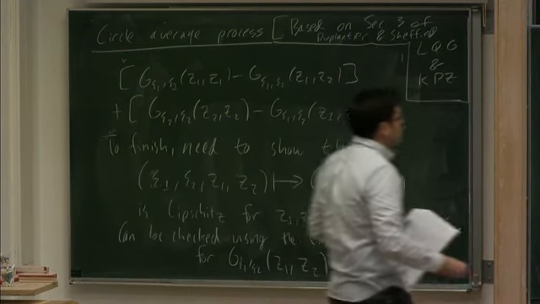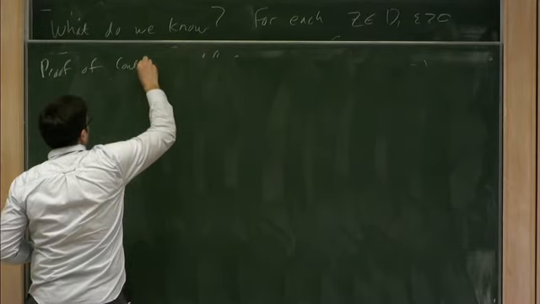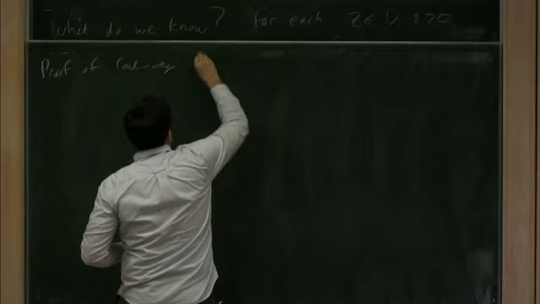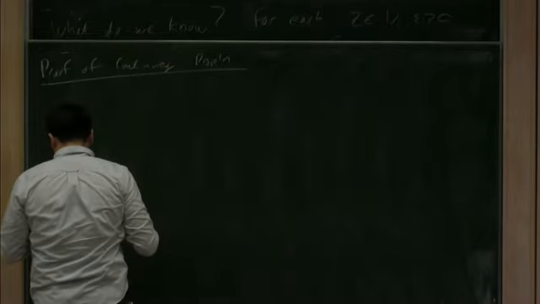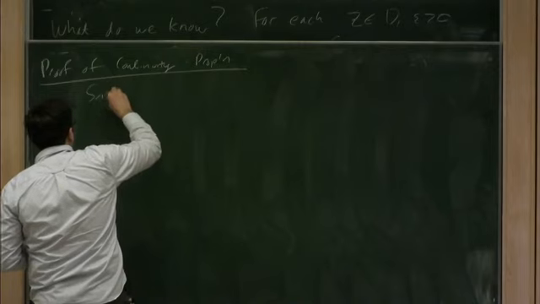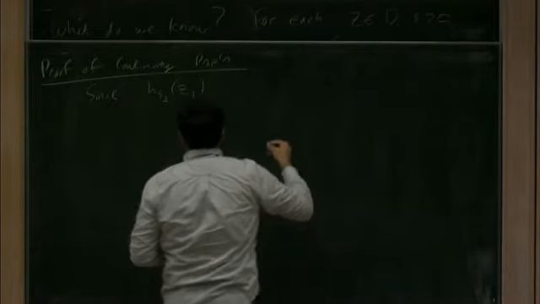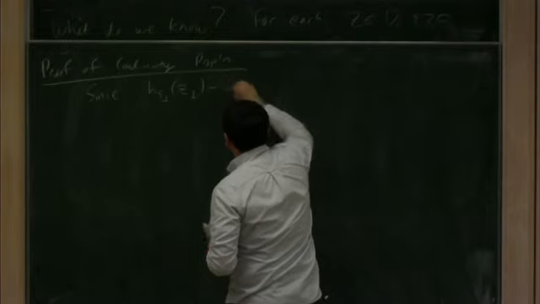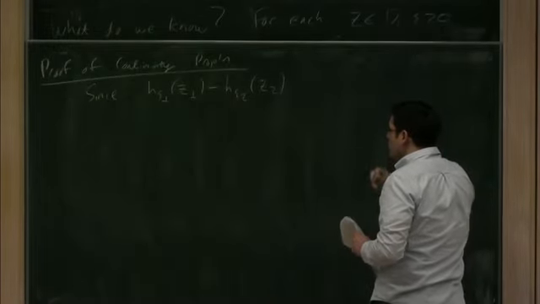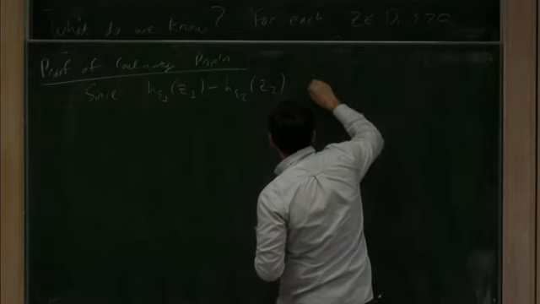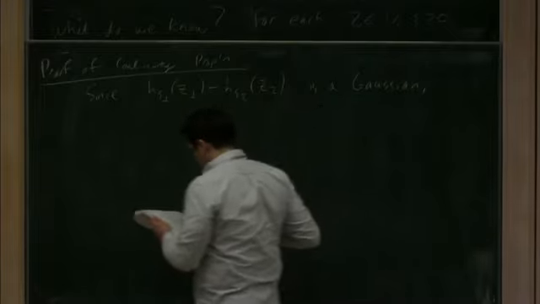So here's the proof of the continuity proposition. All right, so the trick is that if I have any epsilon 1, Z1 and epsilon 2, Z2, and look at the difference of these two random variables, this is going to be Gaussian. What do we have?